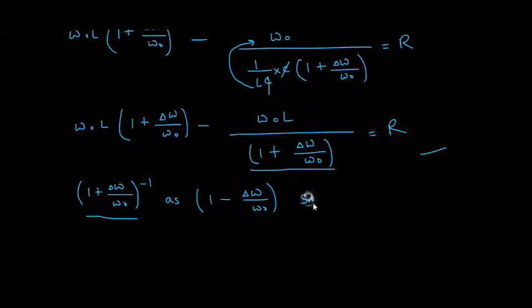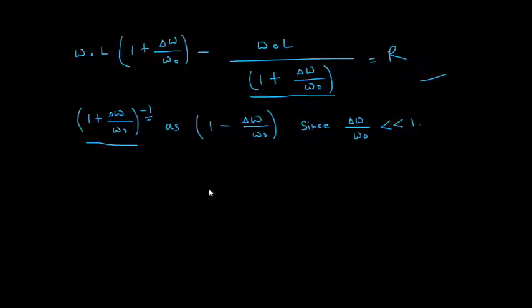Why can we write it? Since delta omega upon omega naught's value is far less than 1. Therefore, we can write it. For smaller values of delta omega upon omega naught, we can write minus, because the power comes here. 1 minus delta omega upon omega naught. So this is mathematically proved in binomial theorem. So we can write it.